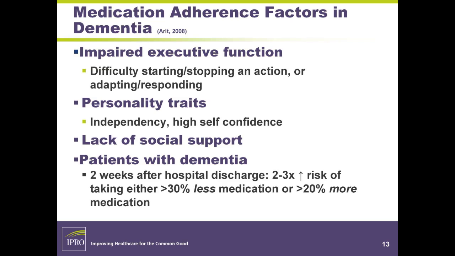Some of these people do have a lack of social support because they push people away by being too self-confident. Also, for patients with dementia two weeks after hospital discharge, there's a two to three times increased risk of them taking either greater than 30% less medication than they should, or greater than 20% more medication. So they're at high risk in that two-week period, and they need more intense monitoring at that time.